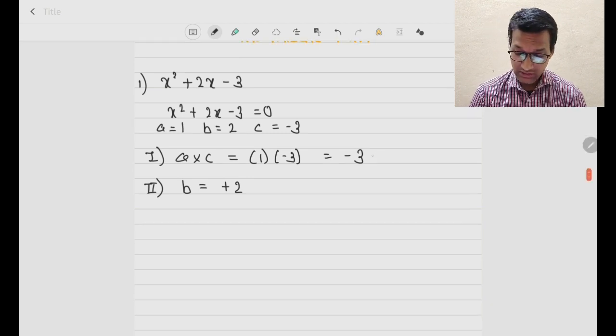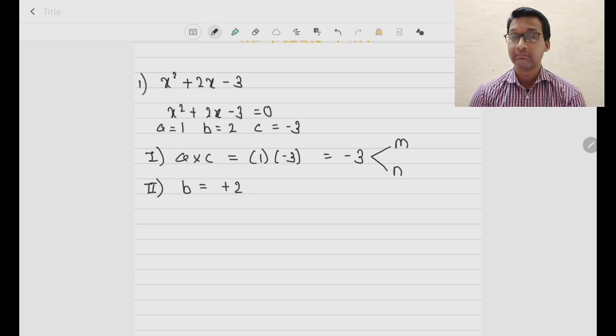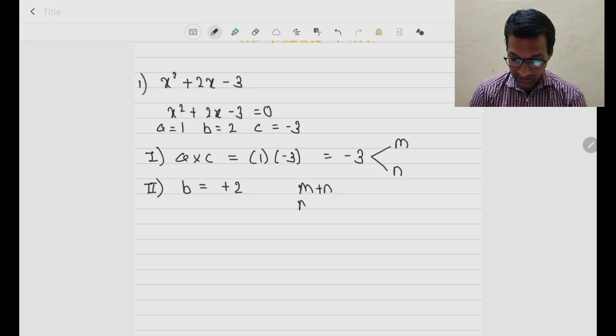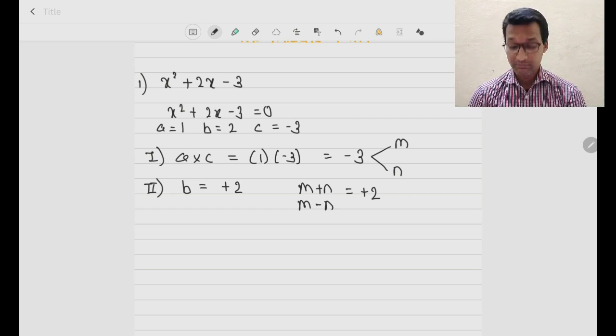Let us imagine that there are two factors of this 3. Let us call them M and N. This M plus N or M minus N should give us plus 2.